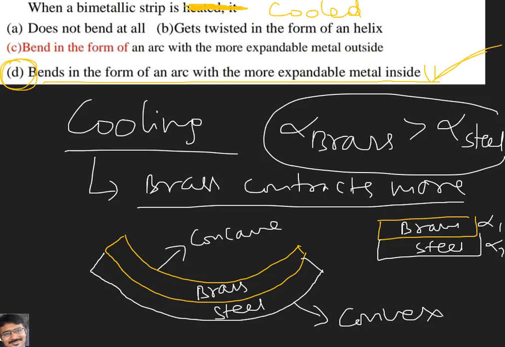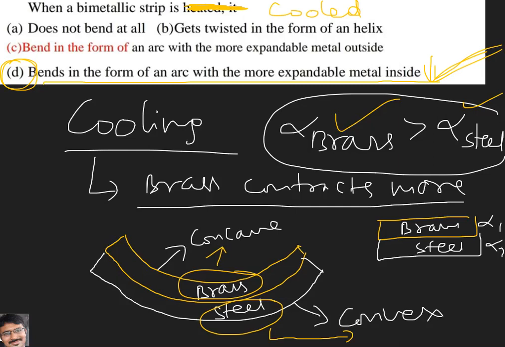That will be inside, because alpha of brass is greater than alpha of steel. So, if the question says cooled, then the inside metal is brass. The more expandable is inside, the less expandable is outside. So more expandable inside means concave, less expandable outside means convex. So my answer will be the fourth option if they mention cooled.